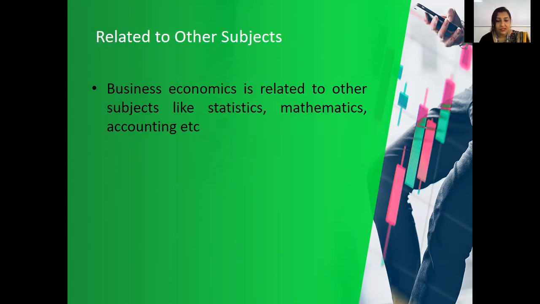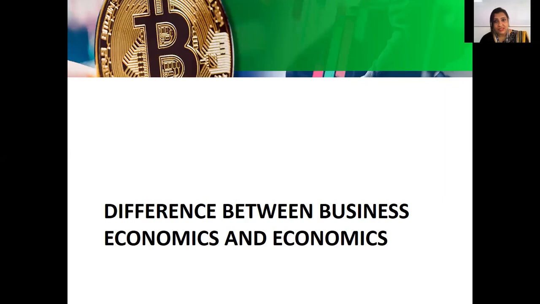And another feature is that it is related to other subjects. Business economics cannot stand as a separate subject, even though it's a separate concept. If its functionality is to be fulfilled, it should associate with other subjects like statistics, mathematics, accounting, etc. They'll get the help of these other subjects also to find out the solutions for the business problems.